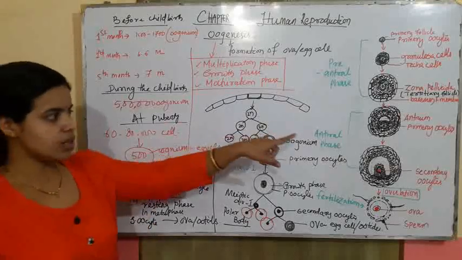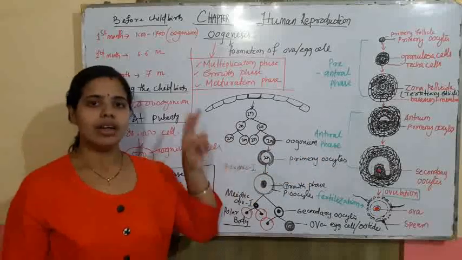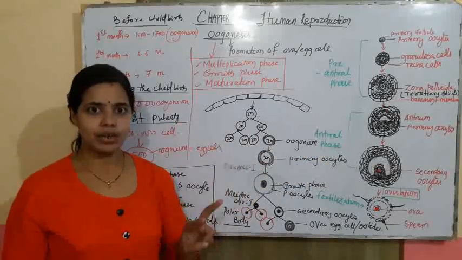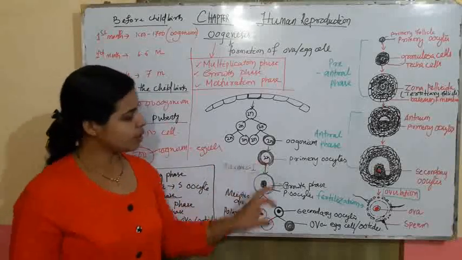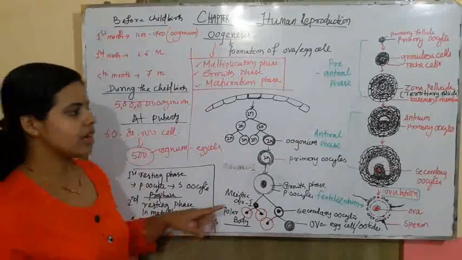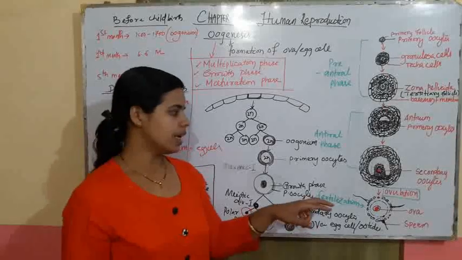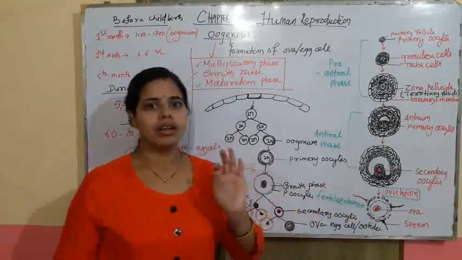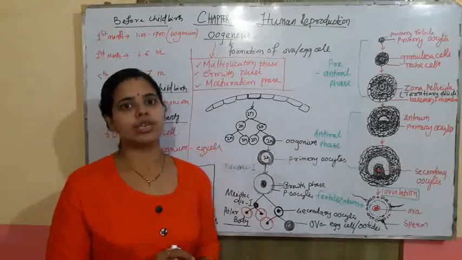When the primary oocyte has to convert into a secondary oocyte, it does not divide continuously. It will rest for some period for the growth phase. Then the second resting phase occurs when the secondary oocyte converts into ova. That ova is arrested or rests at metaphase, not the complete meiosis II at that time.